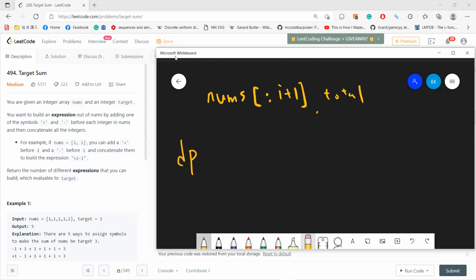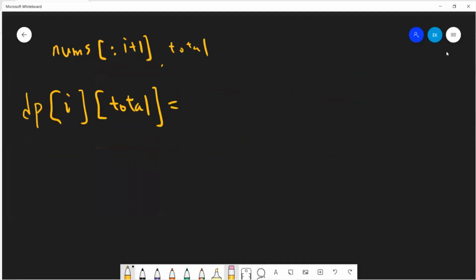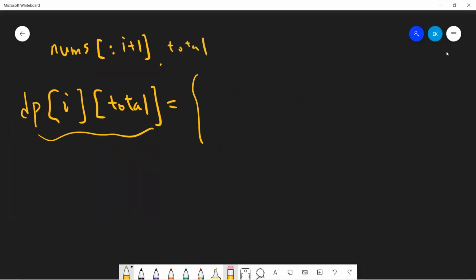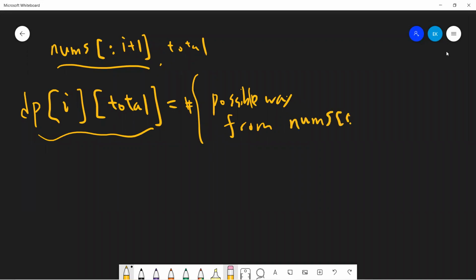Let's say you define dp of I and the total to be the number of possible ways from using the first I plus 1 numbers of nums to get a total.